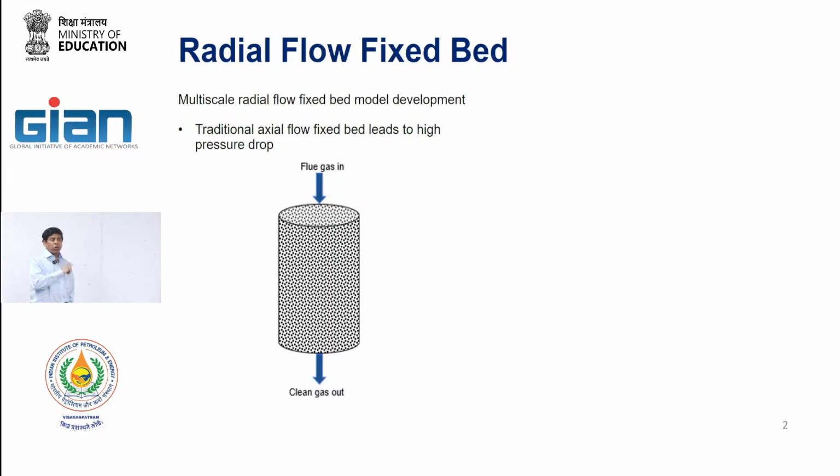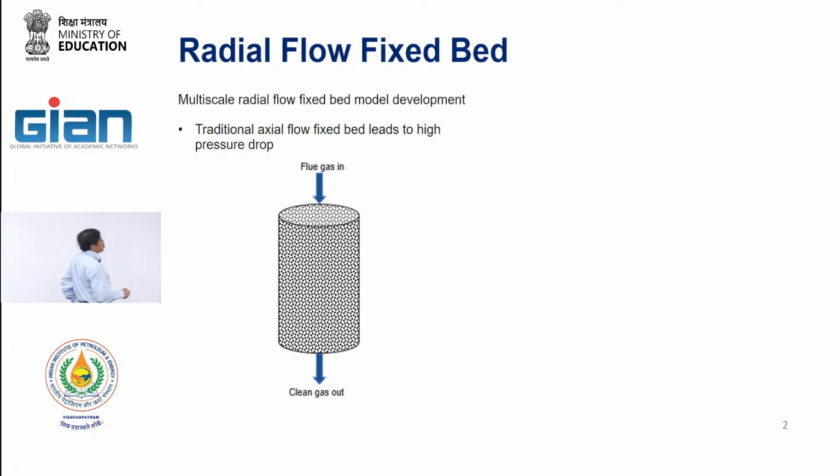That's what we want to do. So many different types do exist, and they bring their advantages and disadvantages. One type is the radial flow type. Whatever we considered before is the axial flow type, which is a very obvious and very common design.